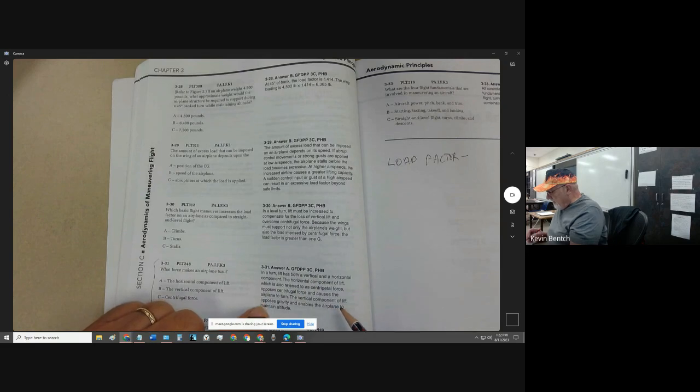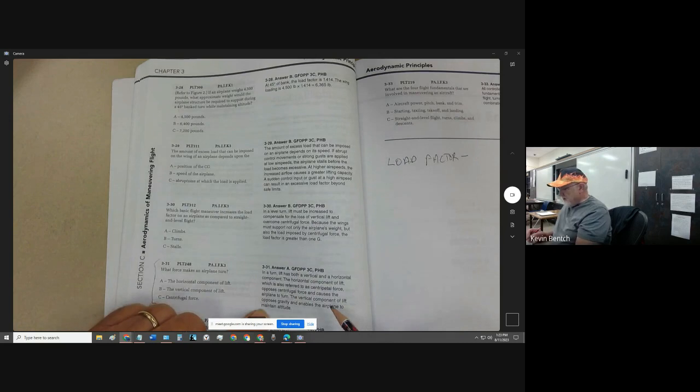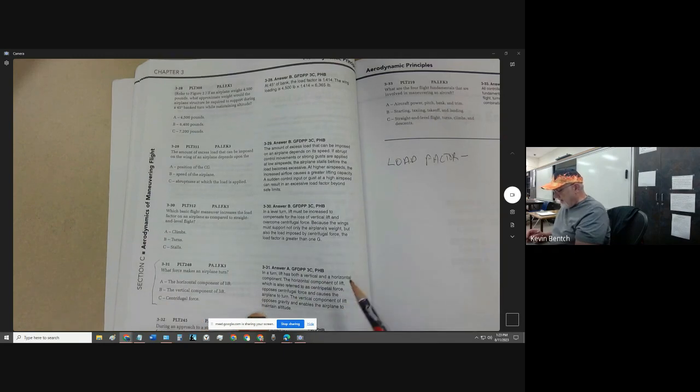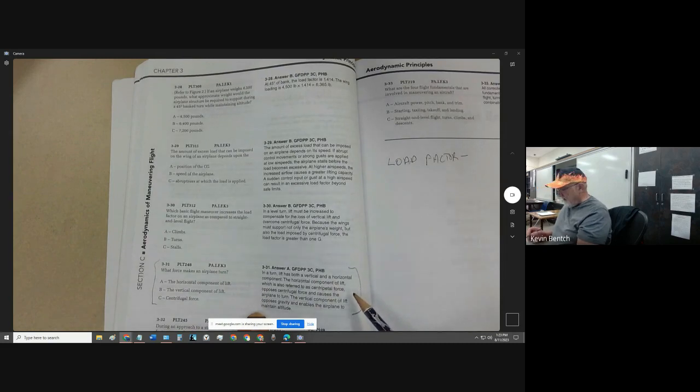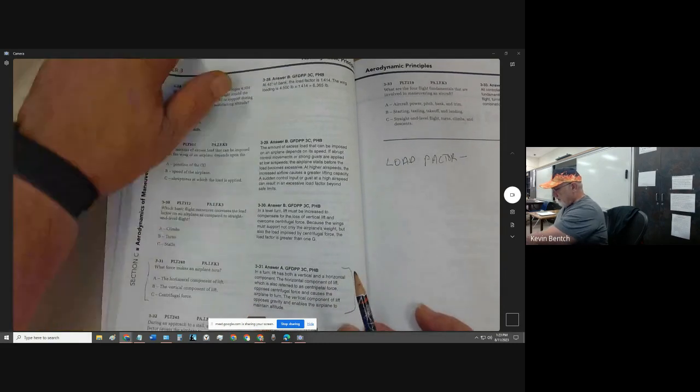The vertical component of lift opposes gravity and enables the airplane to maintain altitude. So there's some math behind that and some drawings. I bet there's probably a little bit of controversy because I can see some different ways to look at this, but that's okay. This is what we need to answer for the test and for the check ride and all that good stuff. We have to say it this way.